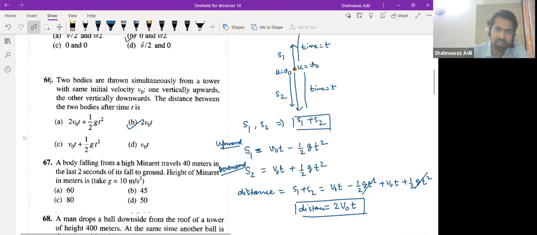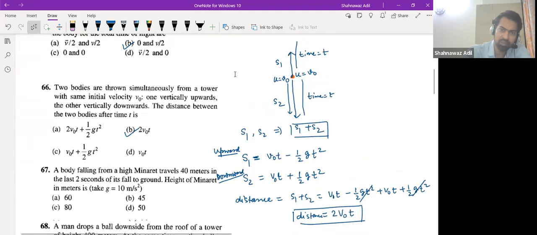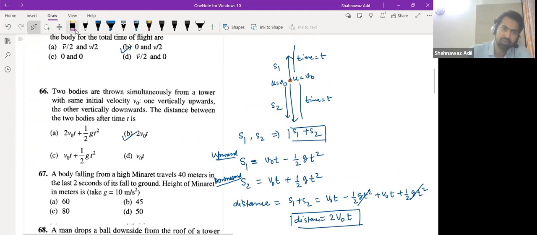So we did this 66th problem, right? Now let us solve this 67th problem.